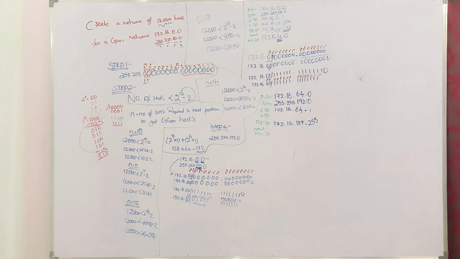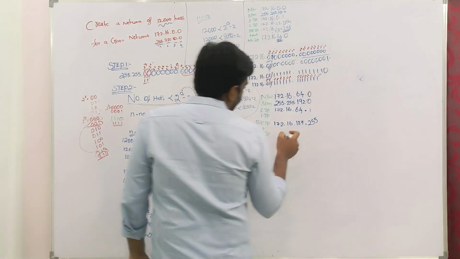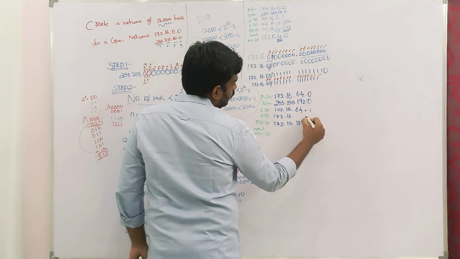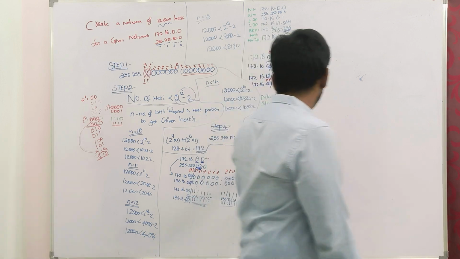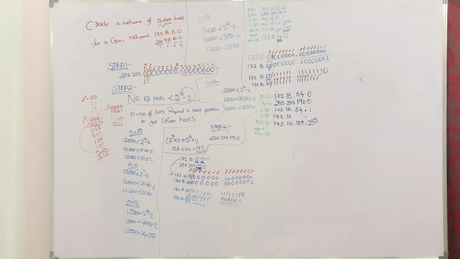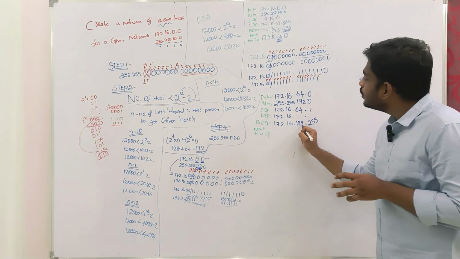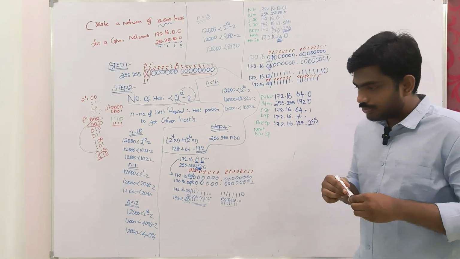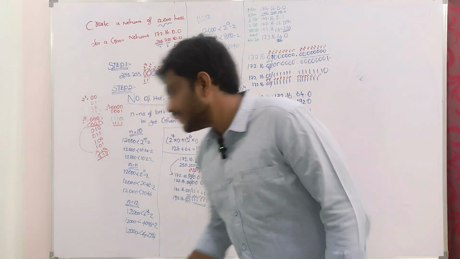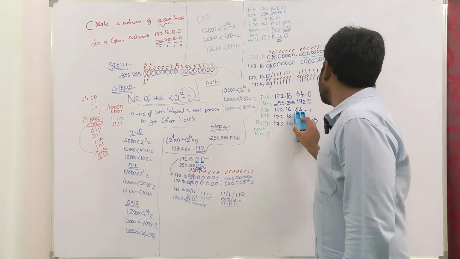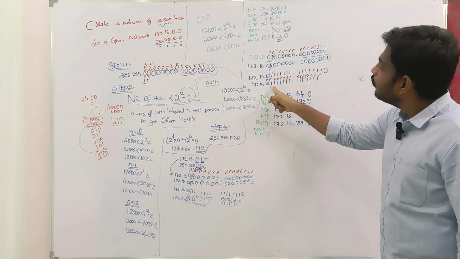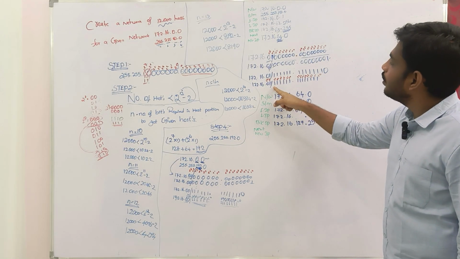What is the last IP? So go to here, 172.16. Again I am saying, you people might get confused: do I write 127 or do I write 126? No. If you have any doubt like this, you go to the last IP and check what your broadcast IP is in the third octet.